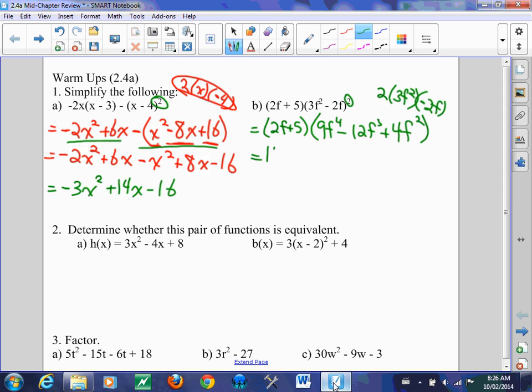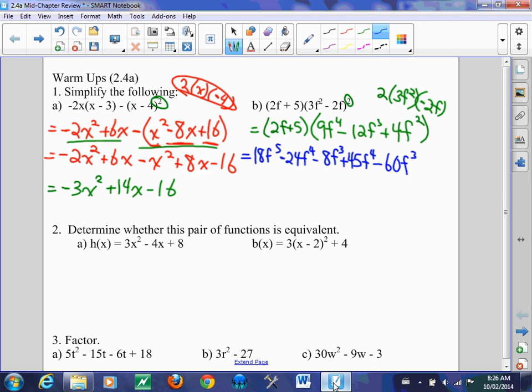So we're going to have 18, I better write small. Let me just start this equal sign over a little bit more because we've got lots of terms to try to fit in. Okay, so 18f to the fifth minus 24f to the fourth minus 8f cubed plus 45f to the fourth. Okay, and then we are negative 60f cubed.